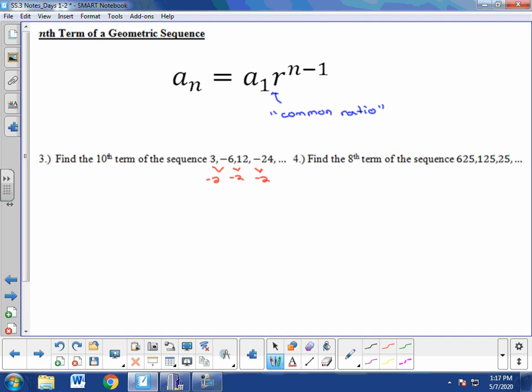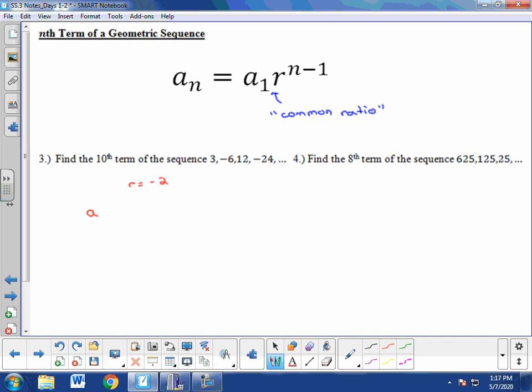So the common ratio is going to be negative 2. What we could do is take this fourth term and multiply by negative 2, and then take that fifth term and multiply by negative 2, and do that 10 times to get to the 10th term. Or we could use this formula where we already know that r is negative 2.